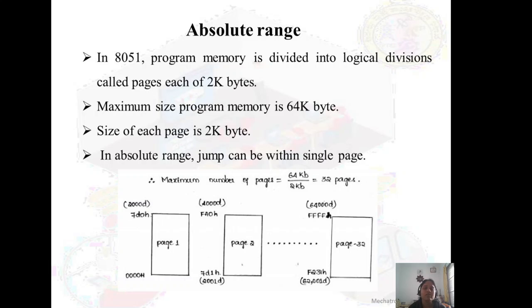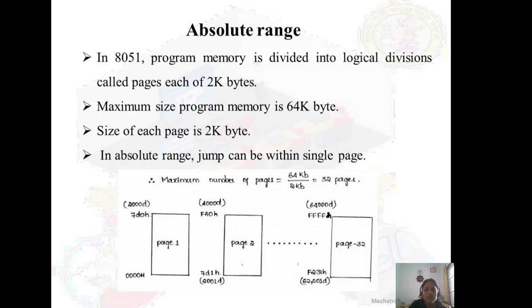Understood? Since the maximum program memory range is 64k, how many pages can you have? That is 64 KB by 2 KB, as each page is of 2 KB. Then the maximum you can have is 32 pages. Page number 1 is from 0000H to 07FFH, that is 2000D, since it is of 2k bytes.